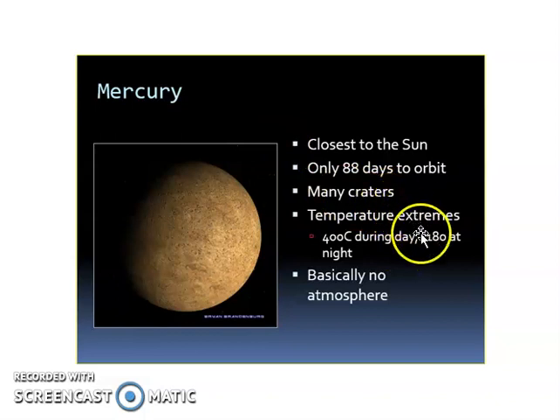Mercury has many craters. The temperature at day is 400 degrees Celsius, and at night it's negative 180. Goodness, it's so cold. Basically, there is no atmosphere. Okay, there is no sky on this planet. That's why it's super hot and cold.